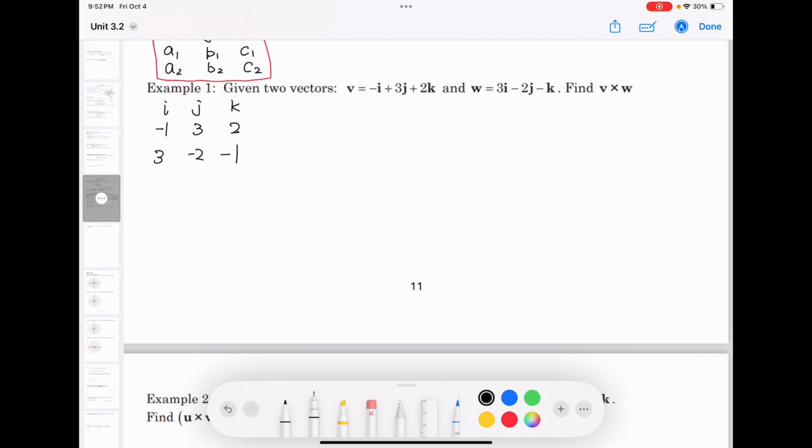Now we are looking for V cross W, which is equal to positive the determinant times I minus determinant times J plus determinant times K. So let's fill out the blanks. First, let's use this color.